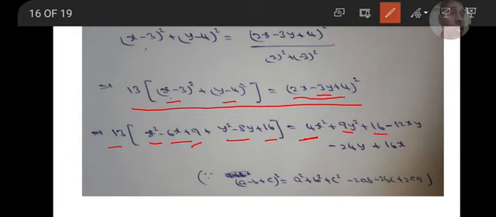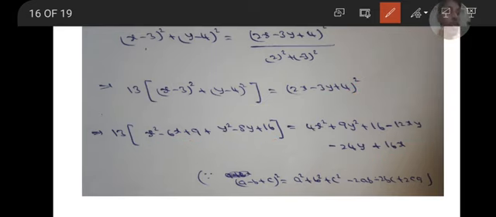Now 2ab: 2 into 3 is 6, 6 into 2 is 12, so −12xy. Next 2bc: 3 into 4 is 12, 12 into 2 is 24, so −24y. Then 2ca: 4 into 2 is 8, 8 into 2 is 16, so 16x.